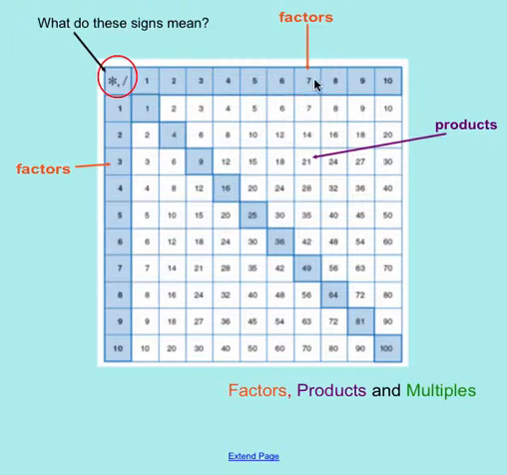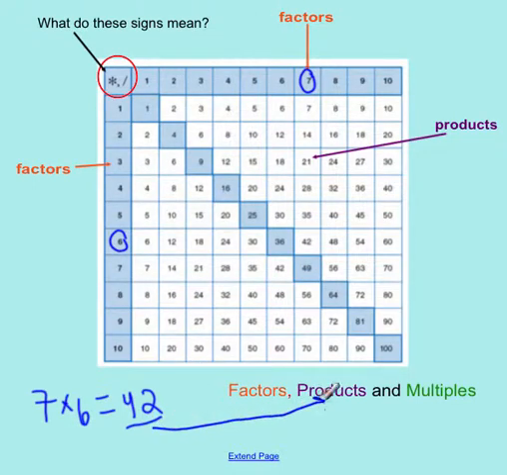For example, if I were to take the factor 7 and multiply it by, let's see, another factor, let's get 6. I chose one factor from along the top and one factor from the side. I know that 7 times 6 is 42. So 42 is my product. 7 and 6 are my factors.